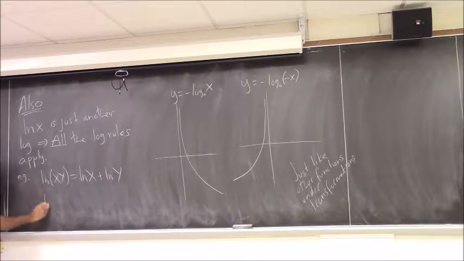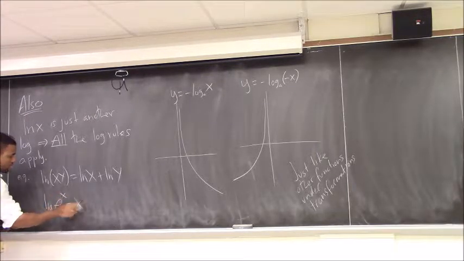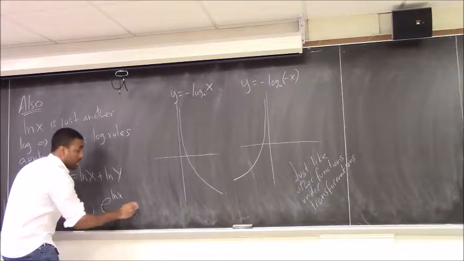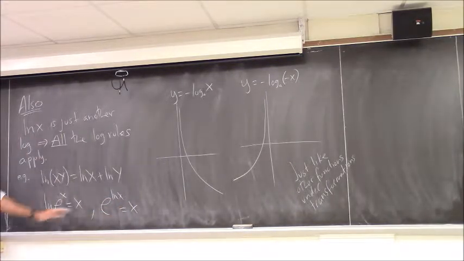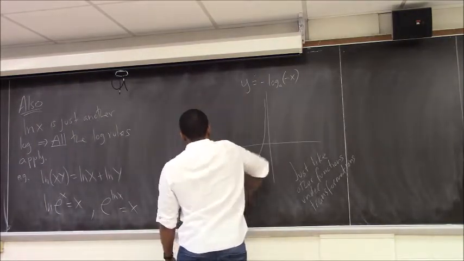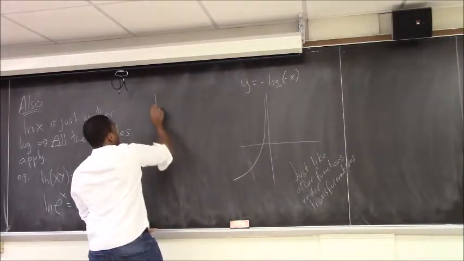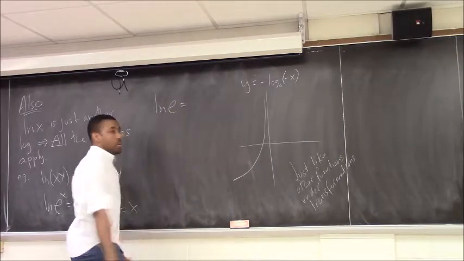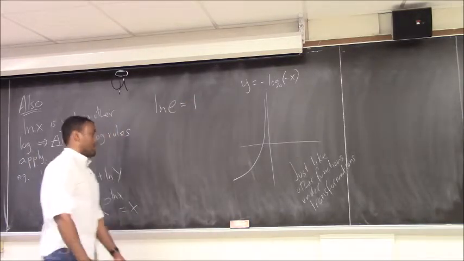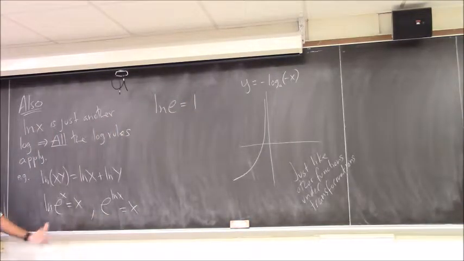If you see ln of e to the x, that's just x. If you see e to the ln of x, that's just x. That's rules 8 and 9. If you see something like ln of e, what's that? 1, because that's e to the 1. So I'm just applying this one.